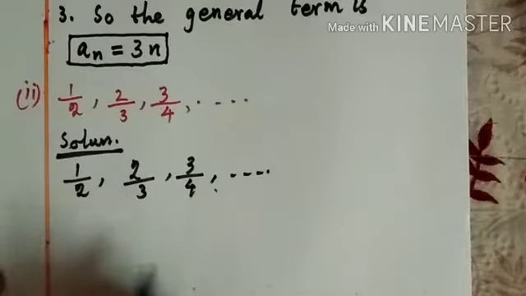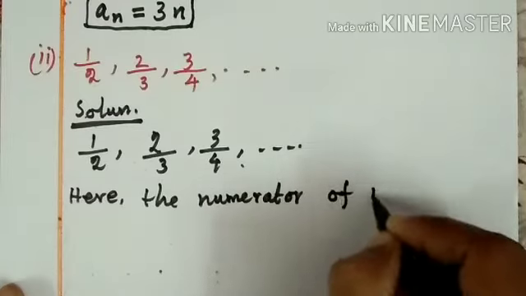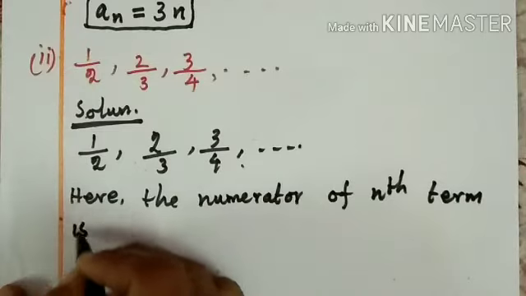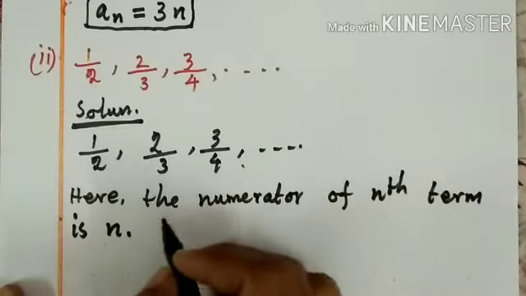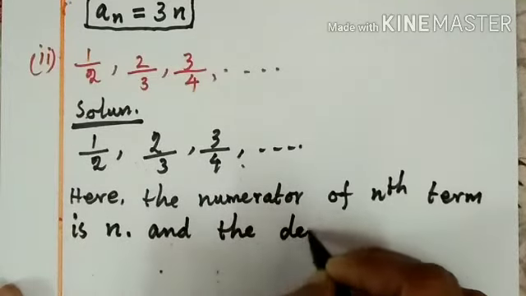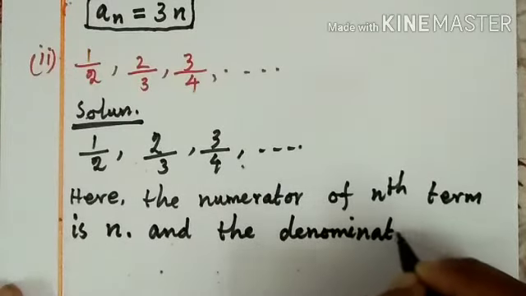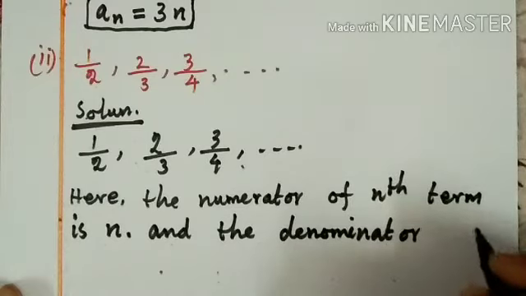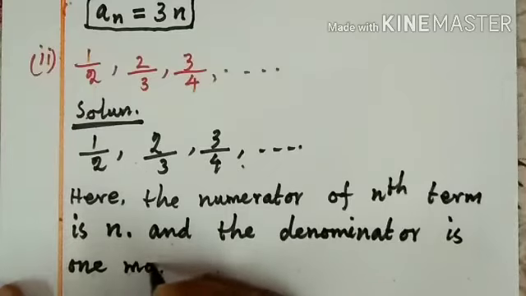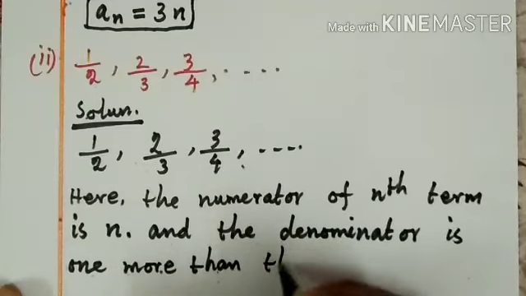Therefore, you have to write here the numerator of the nth term is n and the denominator is 1 more than the numerator.